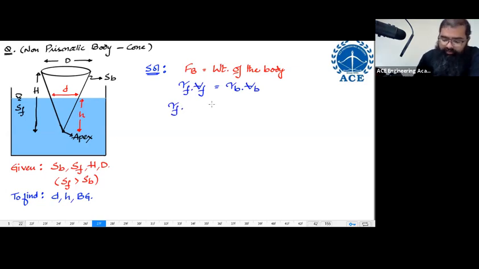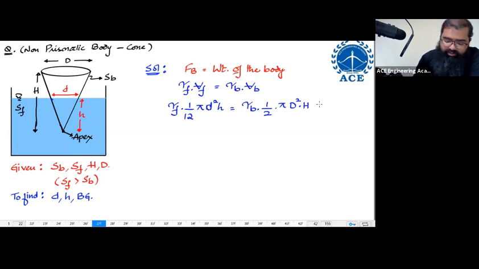You see, this portion again is going to be a cone, a smaller cone. The volume of cone is 1 by 3 pi r square h, or you can say 1 by 12 pi d square h, is equal to gamma of body into 1 by 12 pi capital D square capital H.